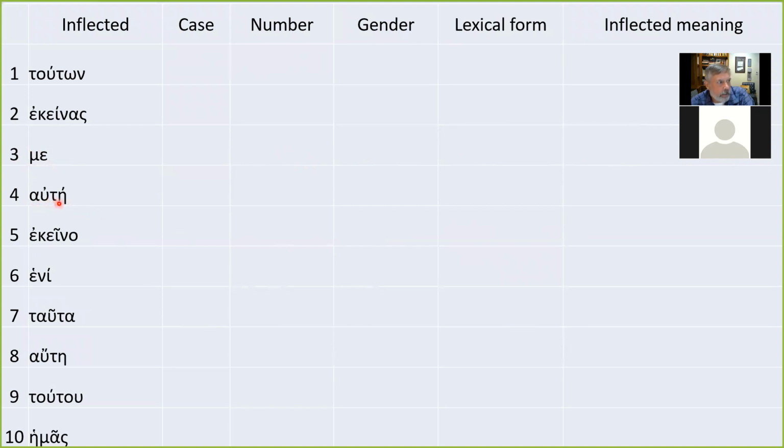Aute. Is this a demonstrative pronoun, or what kind of pronoun is aute? Well, we'll walk through it. What case is it in? It's a neuter. Well, what case? Let's see. A nominative, genitive, dative, or plural?